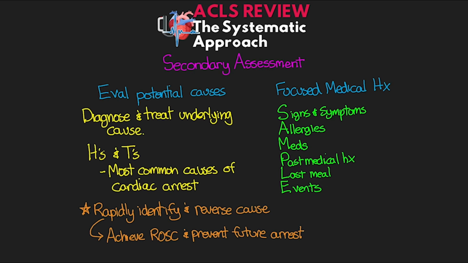This approach is merely the framework on which all of the additional algorithms and guidelines sit on top of, which I am going to be covering in detail in future lessons in this series. So make sure you stay tuned for those.